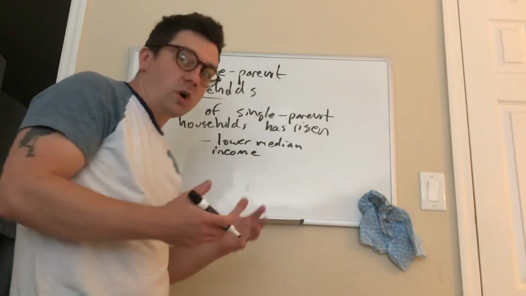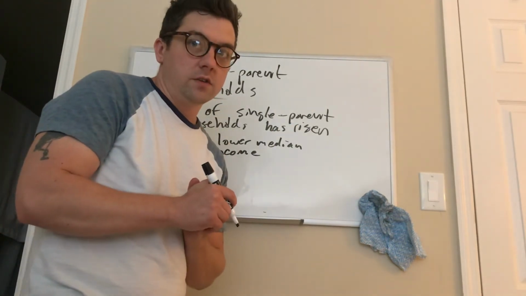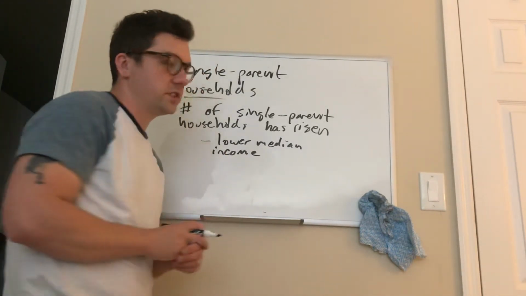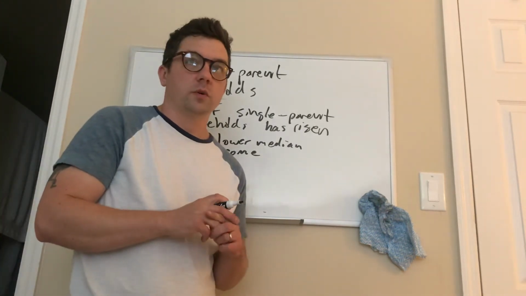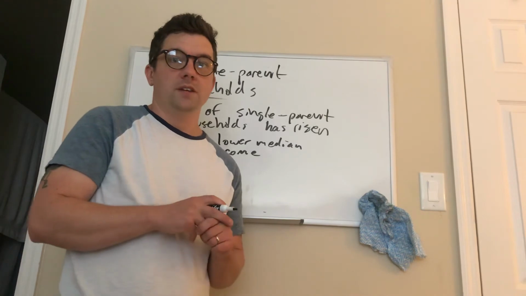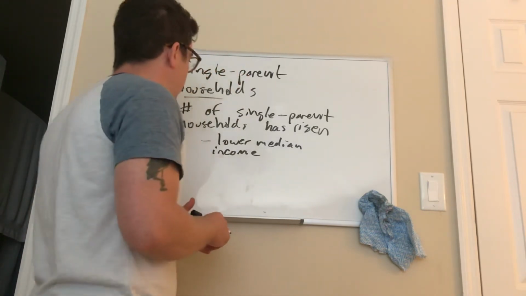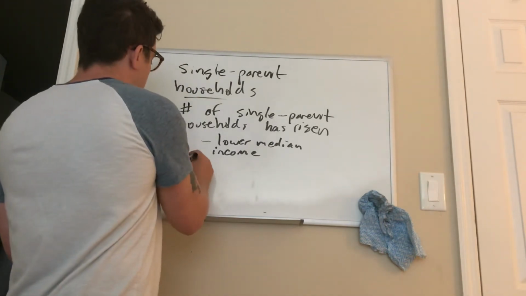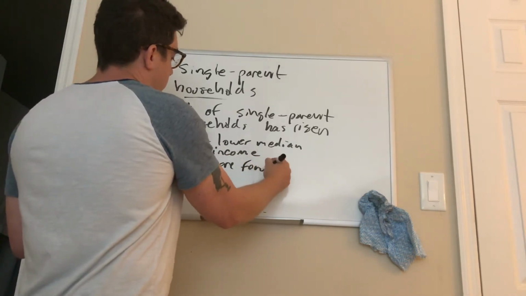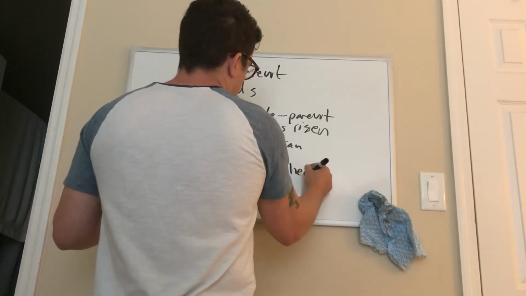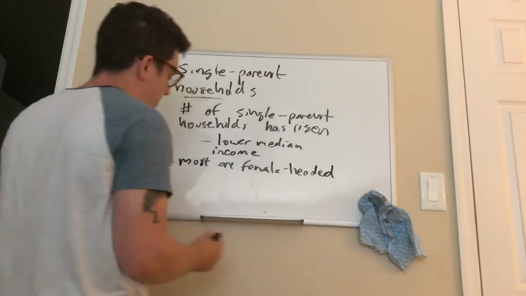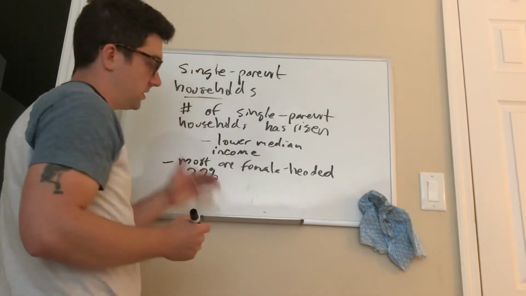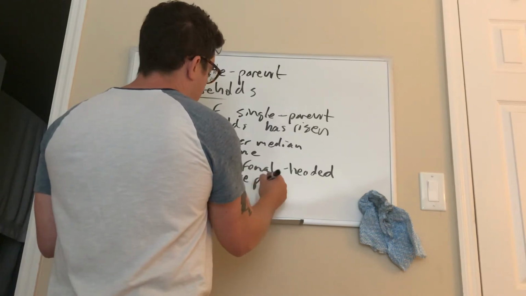And like I said earlier, most single-parent households are female headed. This is also a problem, especially since we still have a wage gap in our society, where women only earn about 82% of what men do. Most single-parent households are female headed, which means this economic problem falls on these households, and 32% of female-headed single-parent households fall below the poverty line.